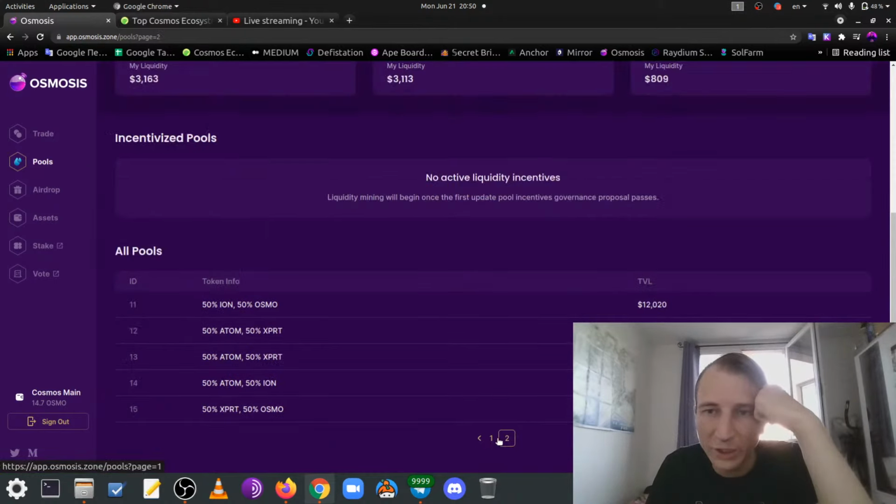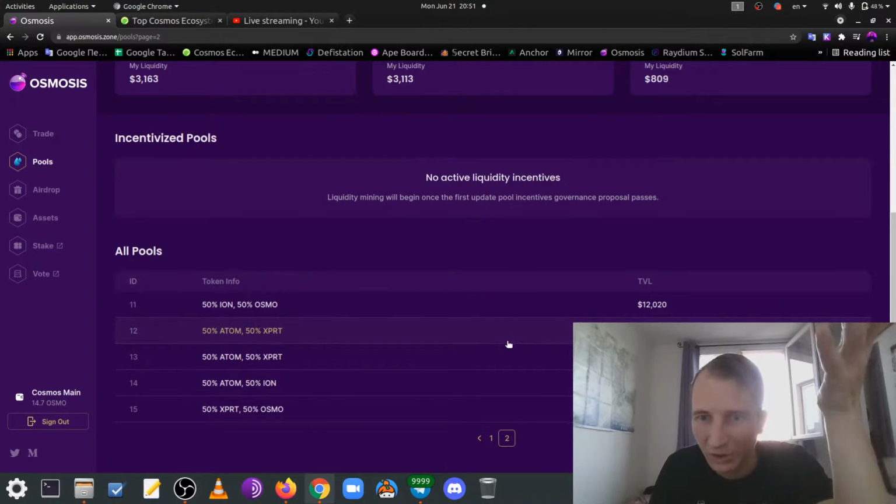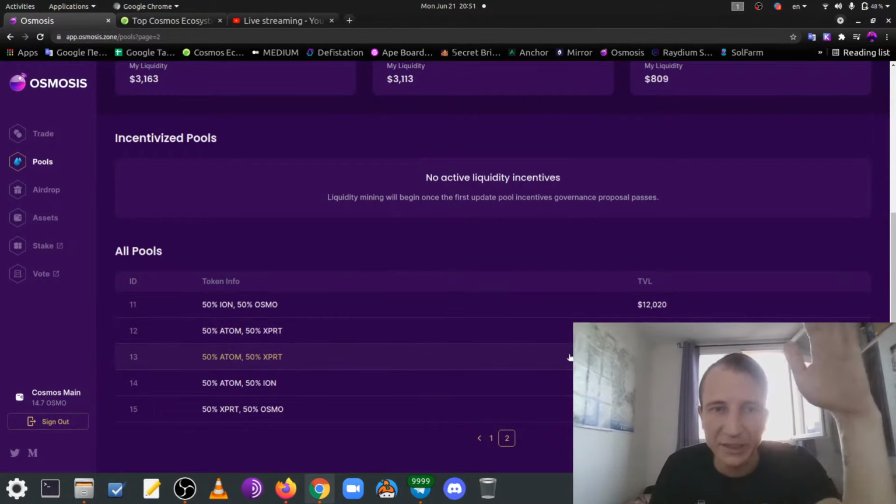But for the pools with low liquidity, for example here Atom XPRT 5,000, but also a second Atom XPRT 337. I really don't know why there are two different pools when it's the same pool. But if I try to exchange like 1,000 Atom for several thousand XPRT, there will be a big difference inside of the pool and the price will be changed totally.